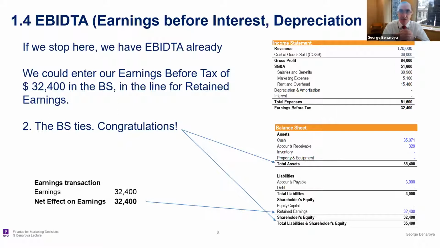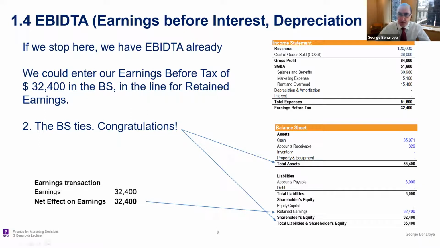And finally, if we were to stop here, we will have done the full profitability using something that is called EBITDA, or earnings before interest, taxes, depreciation, and amortization to be precise. Now, there's only one more transaction that we will have to make on December 31st to make the balance sheet tie.